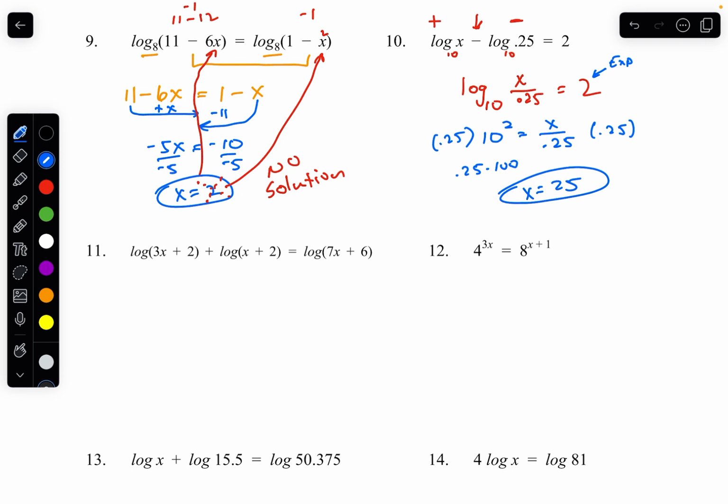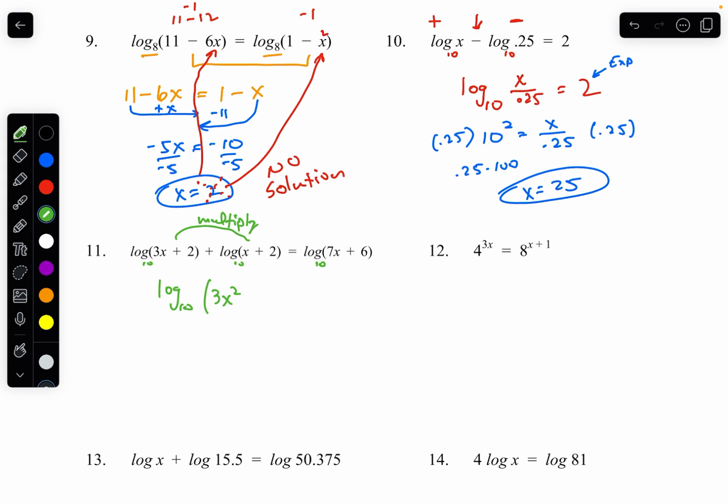Okay. Number 11. Bunch of base 10s there. So if I squish them together on the left side, this will be log base 10. Multiply these together, I will get 3x squared.